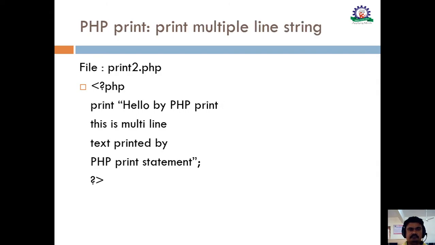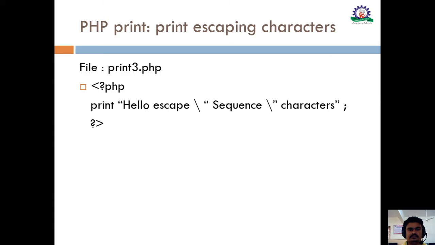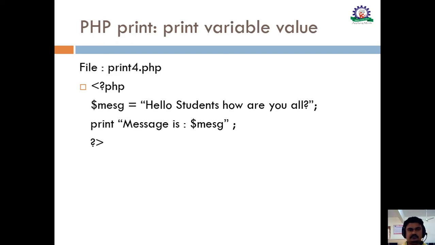Next, I am printing multiple lines; we will see the same thing in the output. Next we use escape characters to print statements, like the backslash. Finally, I am going to get the variable output through the print statement.